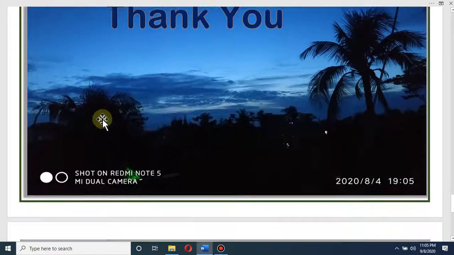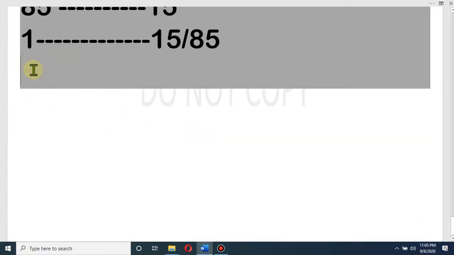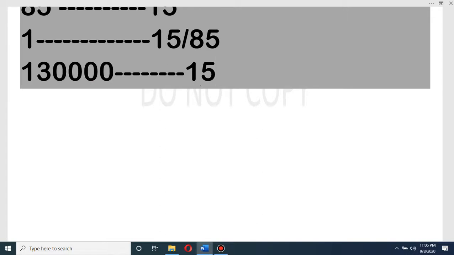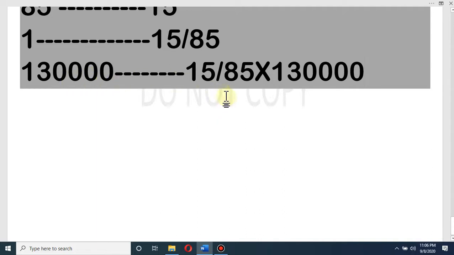So if it is 1,30,000, then what will be the profit? Of course, 15 divided by 85 into 1,30,000. Dear student, simple math from class 4, 5, 6.